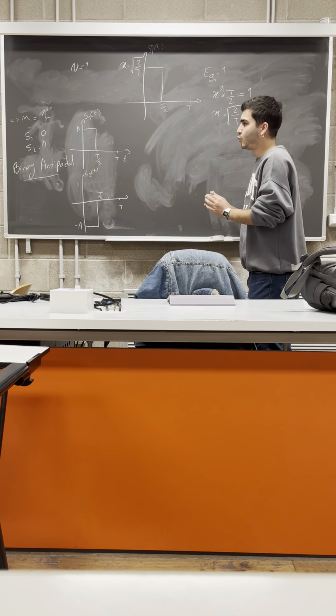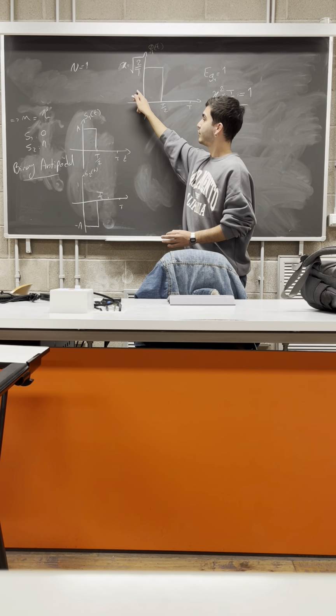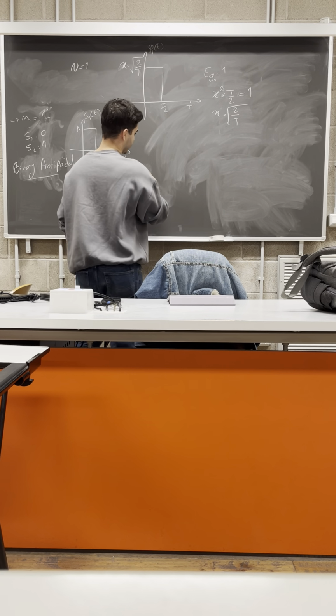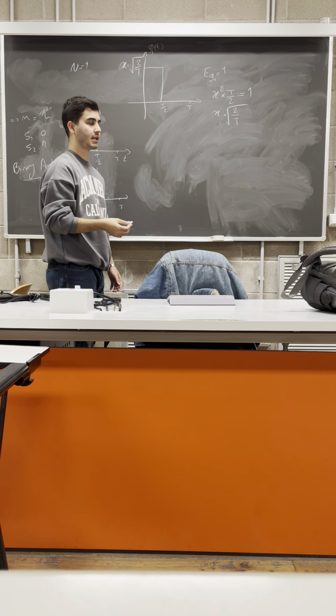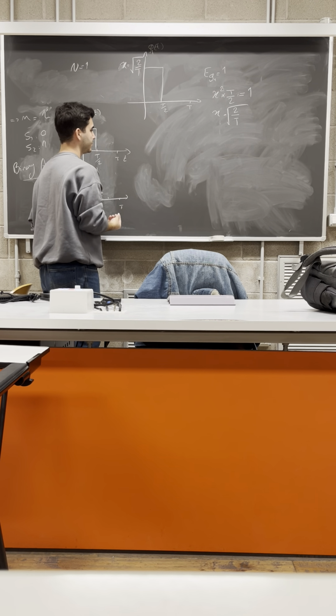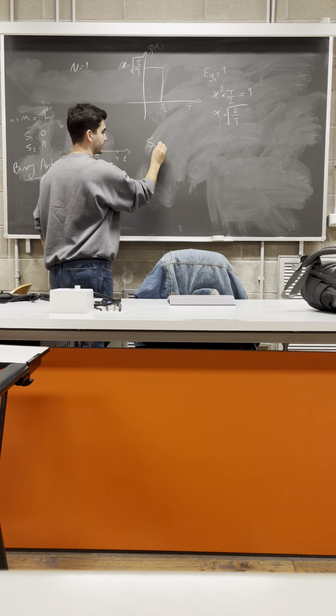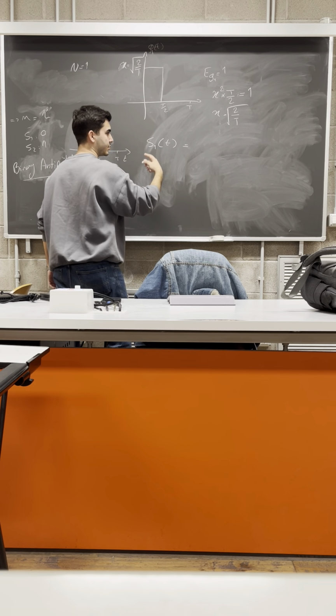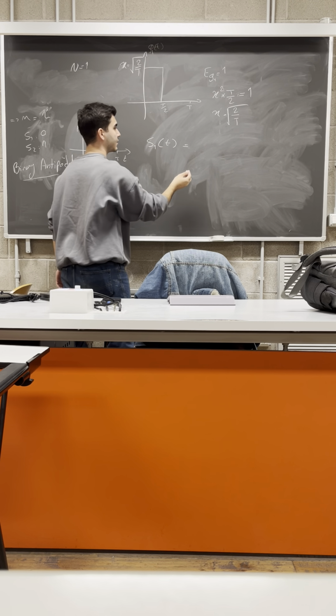But what should I multiply by this one to get this one? Now that's the question. So I can just write it in the form of mathematics. I want to transmit S1 of t, but I should multiply something by this.